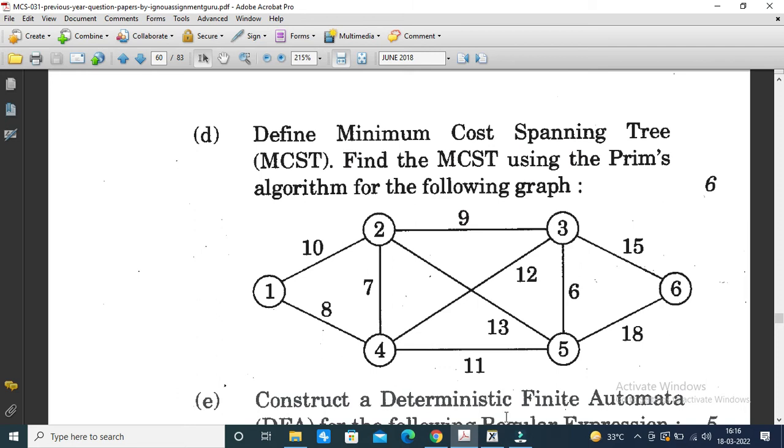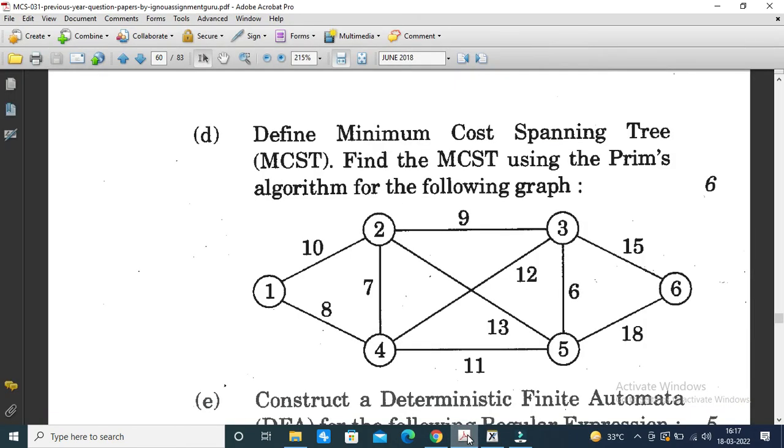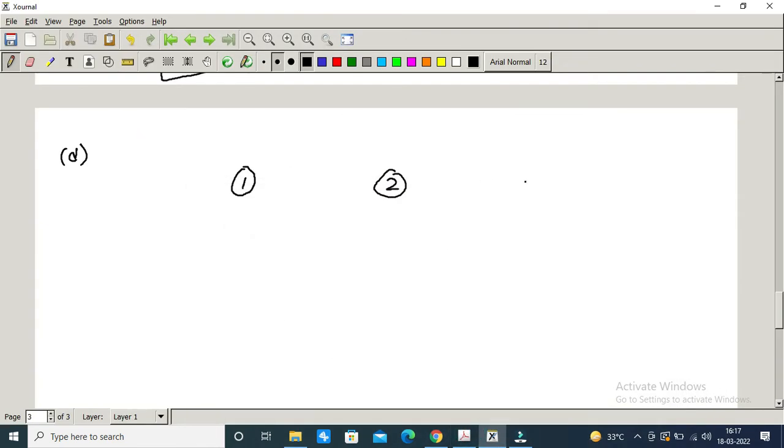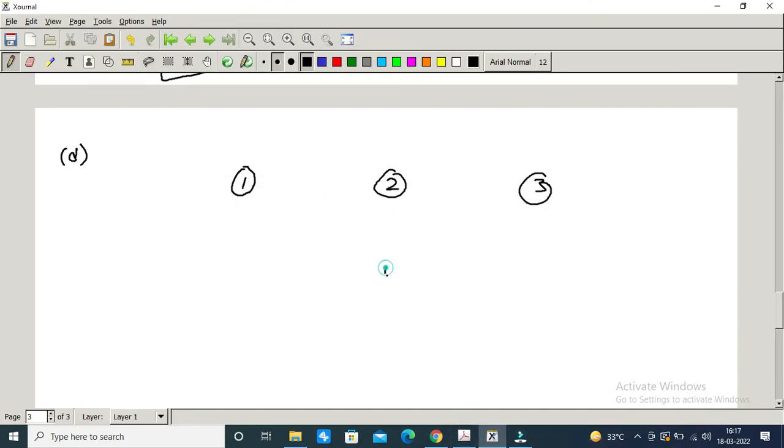So I think this is your D question, right? This is your 1, 2, 3, and here we have 4, 5 and 6.